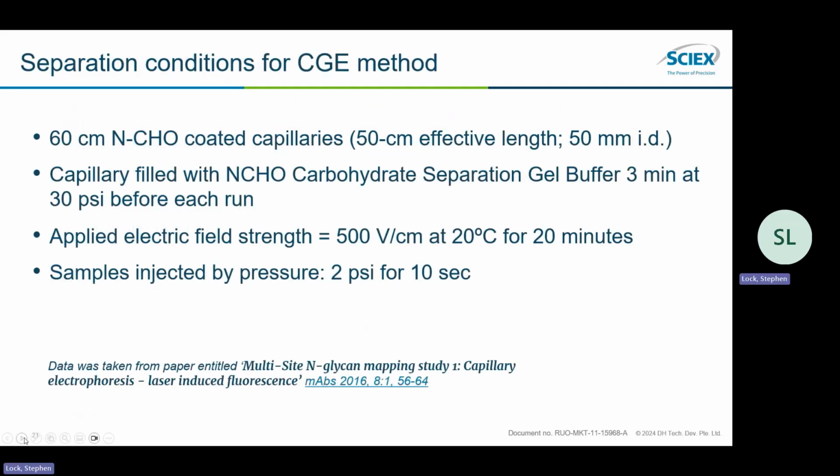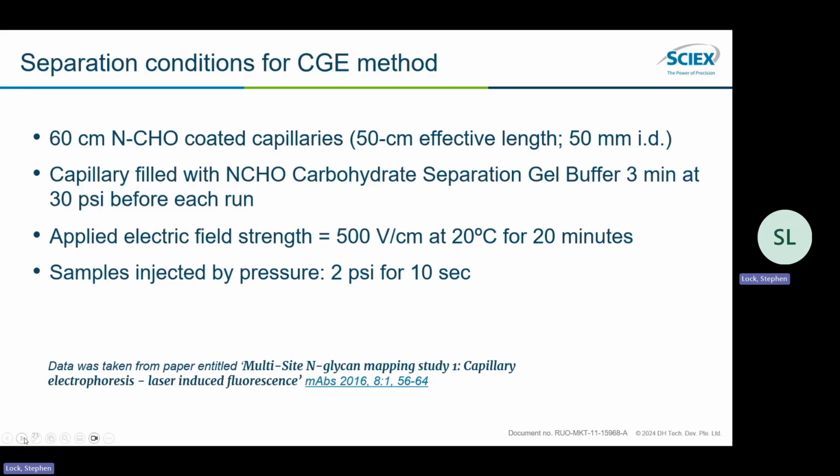For the separation conditions, classically for the CGE method, we used an N-CHO coated capillary. The total length is 60 centimeters, but the length from injection to the detection window, the effective length, is 50 centimeters. The internal diameter, and there's a typo there, is 50 micrometers, not 50 millimeters.